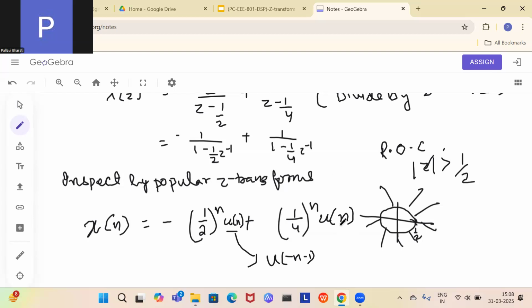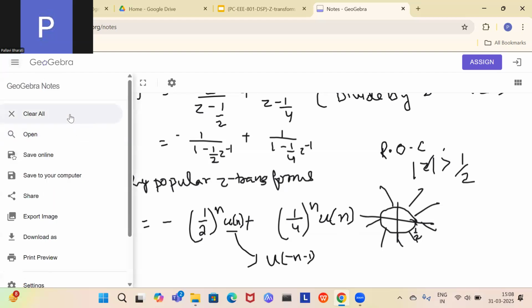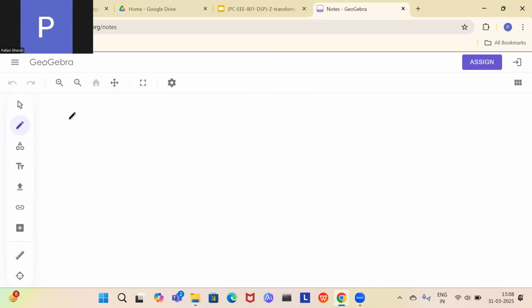Okay, let's go on to the next question now, where we will have a question where the multiplicity is 2. That will be better, I think, so that you can understand how to find out the partial fraction in case the multiplicity is 2 or more than 1. Fine. So let's go ahead and do this also.